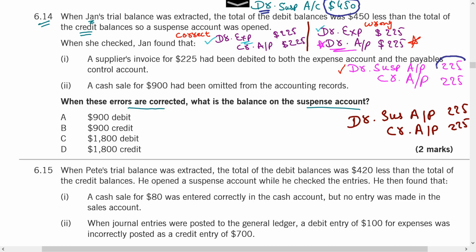Then we have this 225 debit balance in our suspense account, and finally again we have this debit balance on our suspense account. So that means 450 plus 225 plus 225 equal to 900 debit balance on our suspense account if we correct this error. And please let me correct it, it is not AP, it is accounts payable.